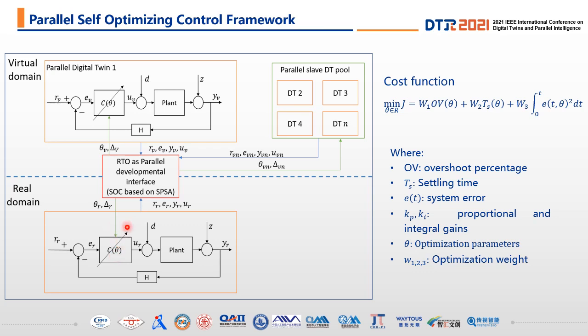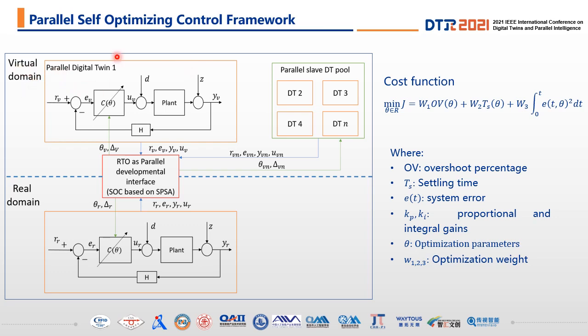Those elements are interacting, as well as the reference error and output signals and control action interact directly with this self-optimizing controller, in this case the one using the SPSA real-time optimization, using the parallel execution. Based on the CPA, we have the CPA program paradigm.